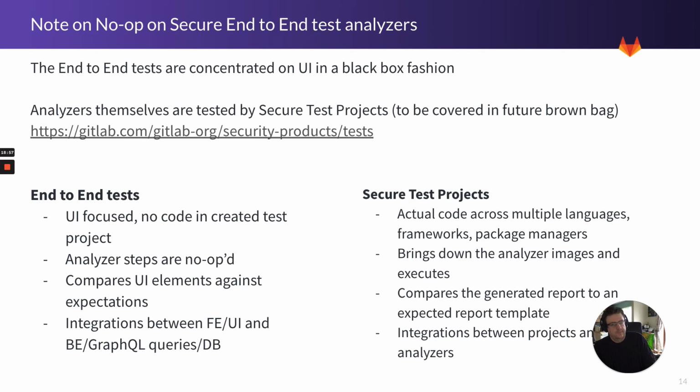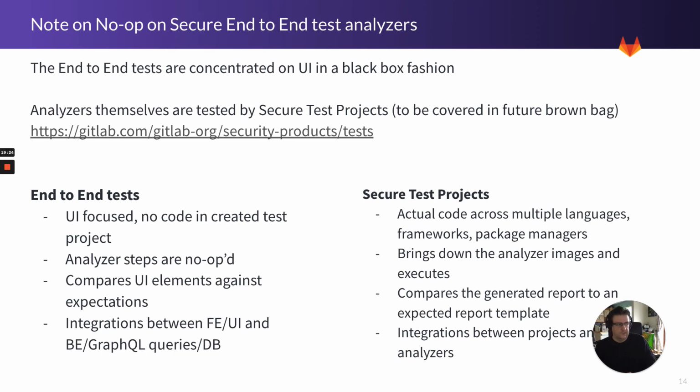We are comparing UI elements against expectations rather than actual reports. So what we do have are the secure test projects which do execute the analyzers. These are run nightly by the orchestrator, although there is a future plan to group these by analyzer rather than the current by project.